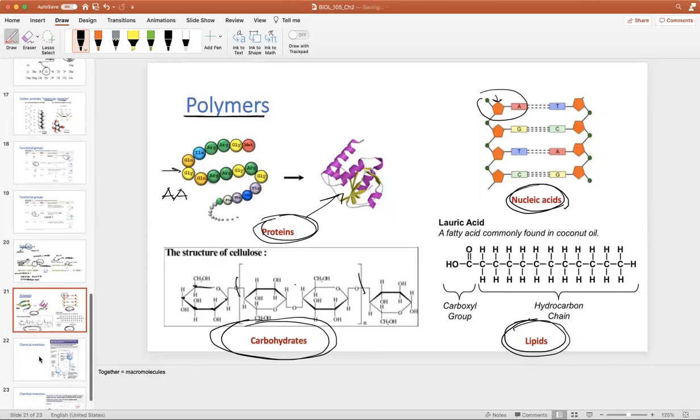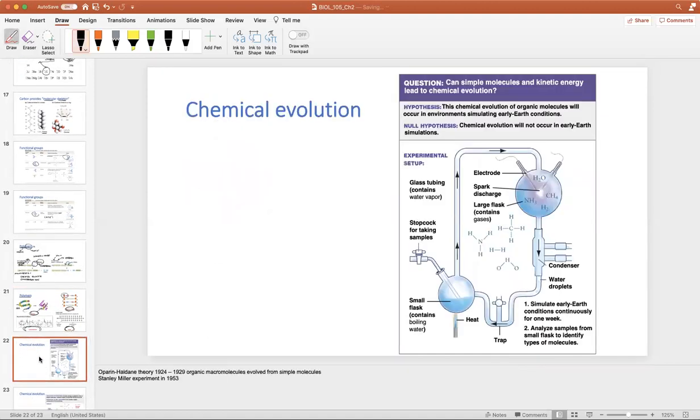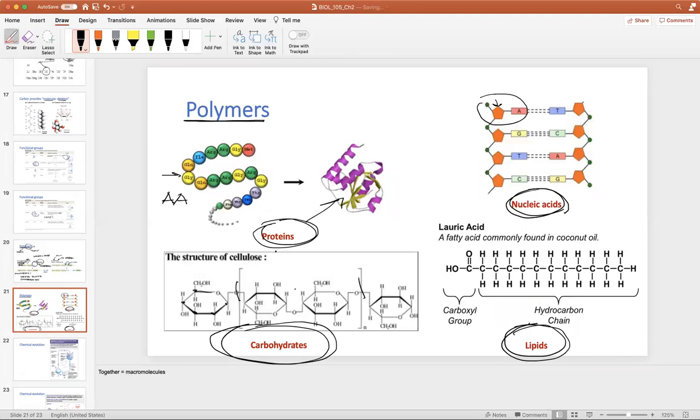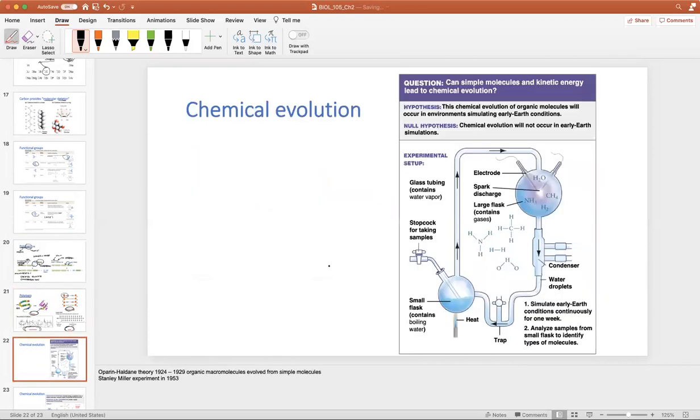All right, the very last thing that I want to mention to you today in our little discussion of chemistry has to do with how we got here with these large polymer molecules. You know that your body is made of proteins, nucleic acids, carbohydrates, lipids. All of these things go into the molecules that form biological organisms. So how did we get here?